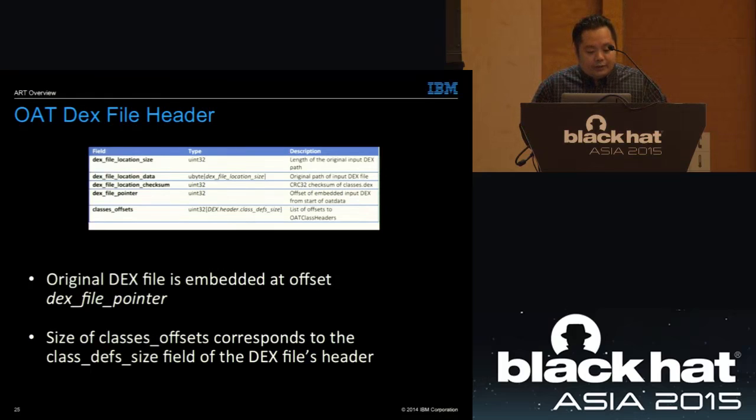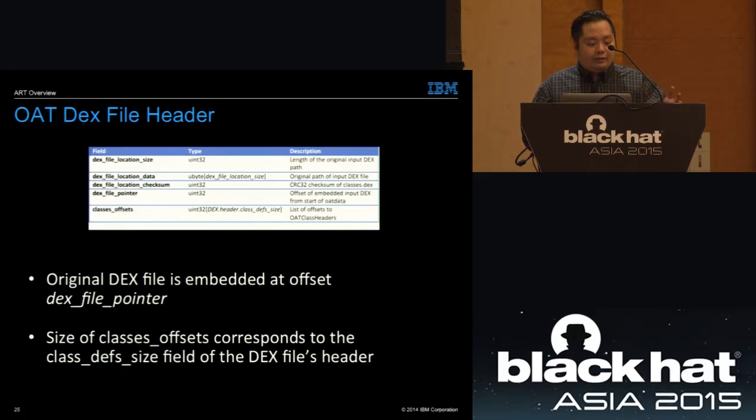There's also the dex file location checksum, which is the CRC32 of the classes that were compiled inside that APK. The dex file pointer is the offset, relative to the start of the oat header, to the embedded dex file inside the oat file.